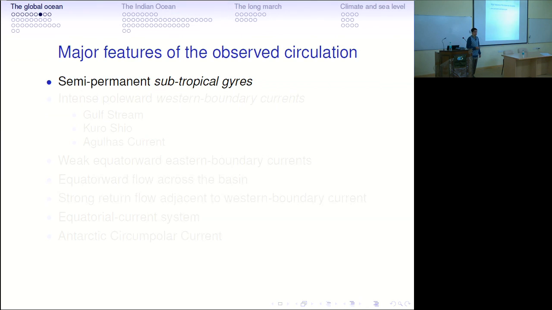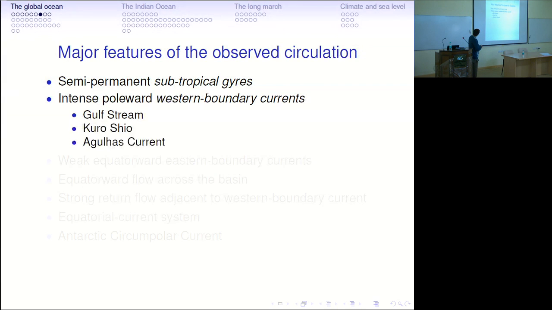It always goes poleward, towards the pole. It is semi-permanent in the sense that the magnitude of the current associated with the Gulf Stream can change with season, with year, maybe within a season. So this is the most striking feature of the circulation of the world oceans, semi-permanent subtropical gyres.